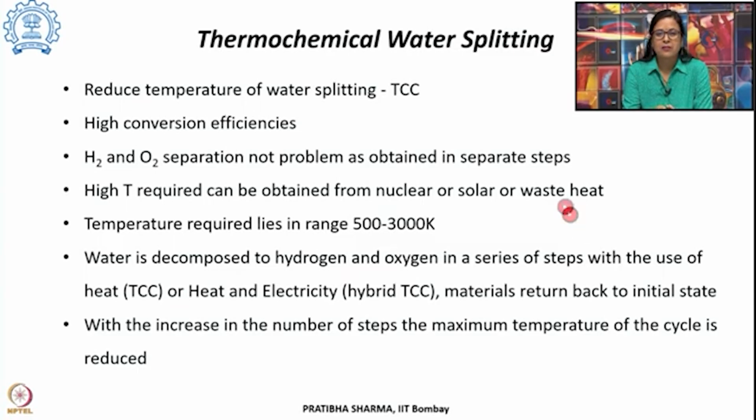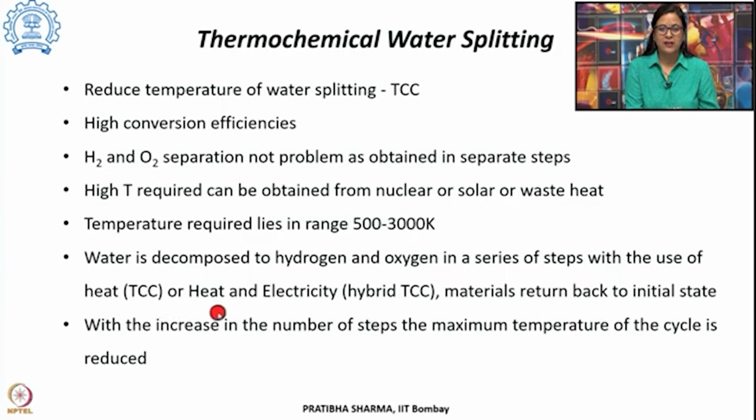In fact, the temperature which is required in the processes, depending on which thermochemical cycle is considered, varies between 500 to 3000 Kelvin. So, the entire process is wherein water decomposes into hydrogen and oxygen through a series of steps, and if that involves only heat, then it is a thermochemical cycle.